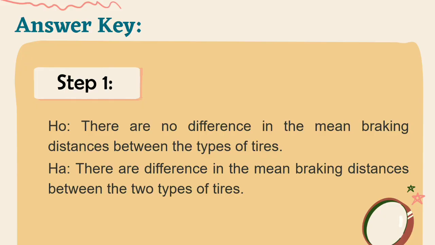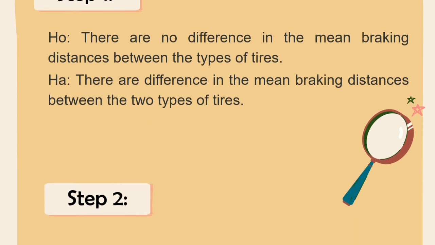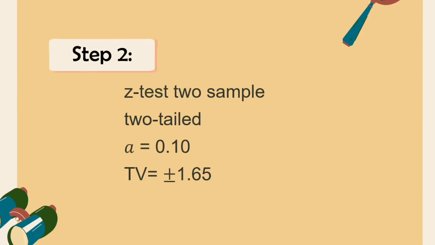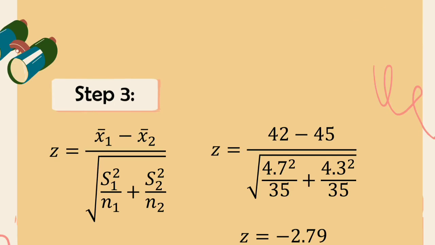Our null hypothesis is there is no difference in the mean braking distances between the types of tires. For our alternative hypothesis, there is a difference in the mean braking distances between the two types of tires. In our step 2, since it is a z-test 2-sample, we use two-tailed and our alpha is 0.10 and our tabular value is positive negative 1.65.